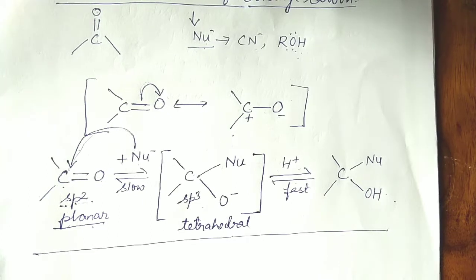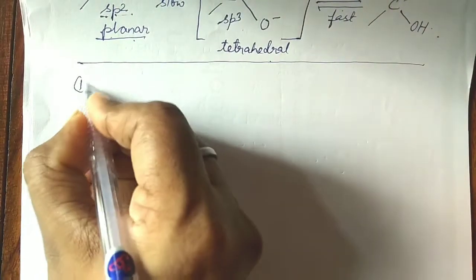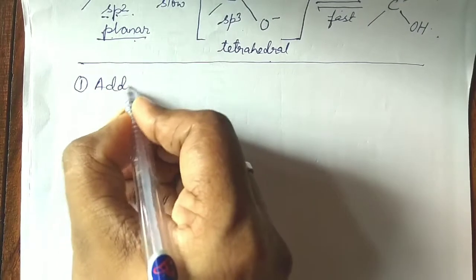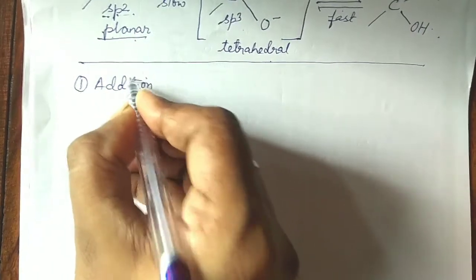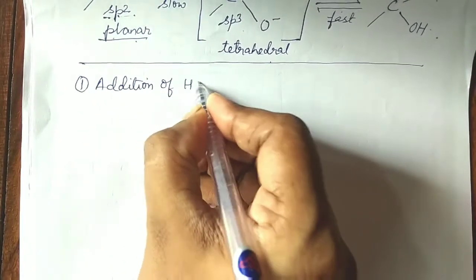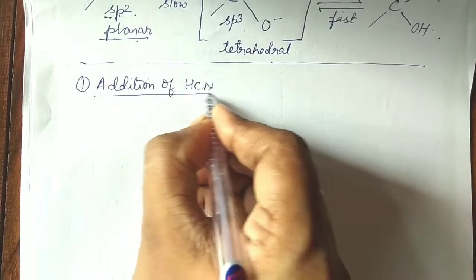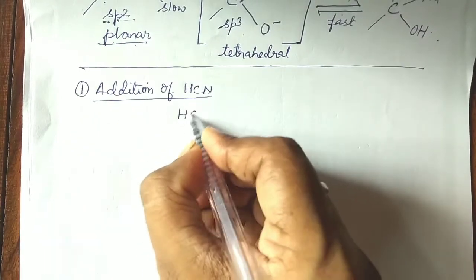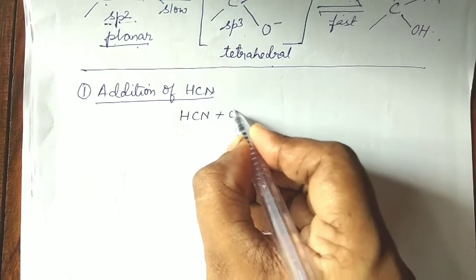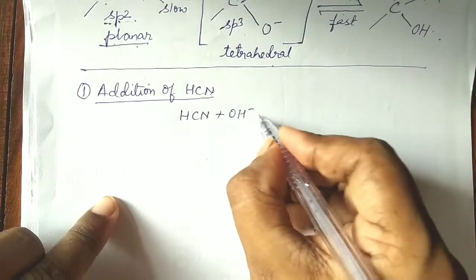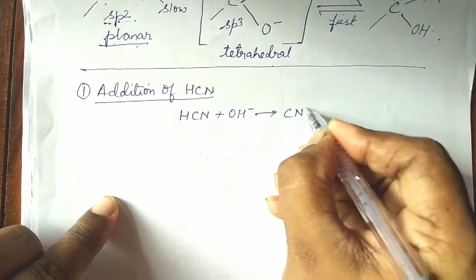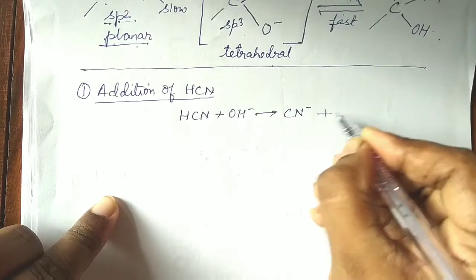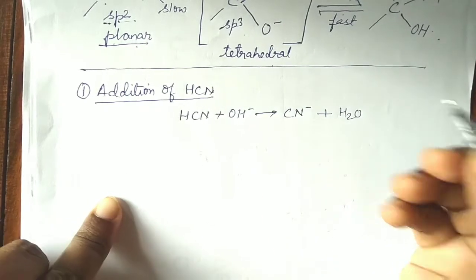Now we will see some examples. We'll talk about addition of HCN. How does addition of HCN take place? First of all, HCN will ionize in presence of a base to form cyanide ion, which will be the nucleophile, and a molecule of water.